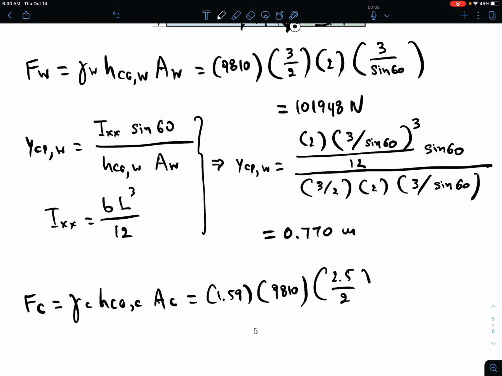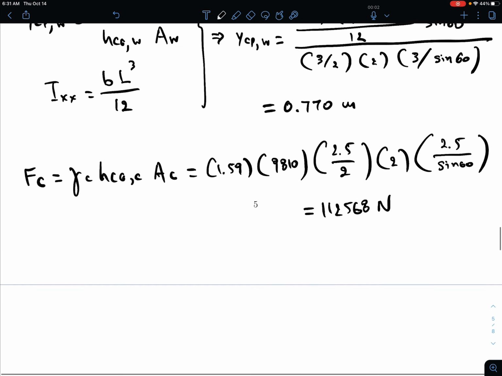Then we have 2.5 over 2, times 2 for the width, times 2.5 over sine 60. And that gives us 112,568 newtons. Same thing with the line of action.